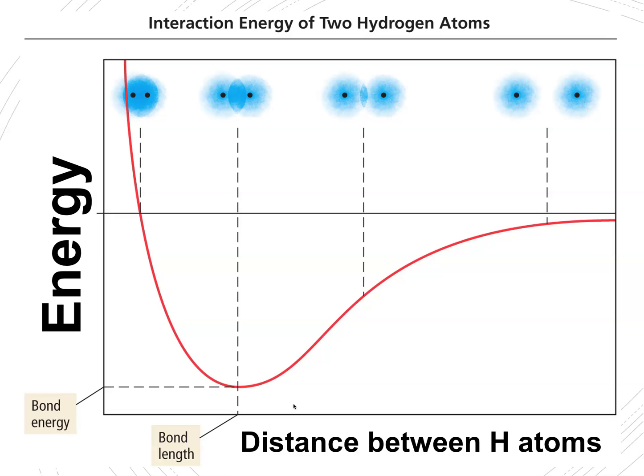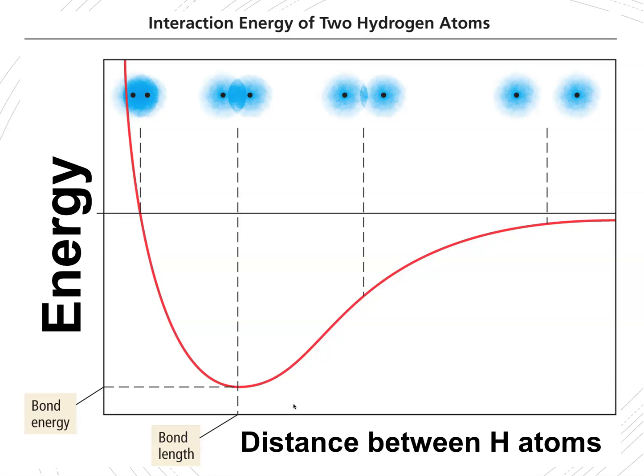We talked about atomic radius. This is obviously double that because we're doing the entire bond length. The interesting thing to note is, once you pass this happy perfect distance, where the bond energy and bond length are at the bottom of the red curve, the amount of energy it takes to get those nuclei closer and closer together goes up exponentially.